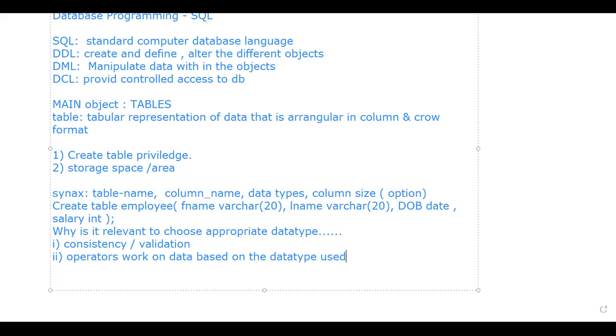When we're having manipulation, there will be some basic operators, and there will as well be operands. So it's essential for us to choose an appropriate data type, because operators work on the operands based on the data type that has been made use of. And I'll give an example.